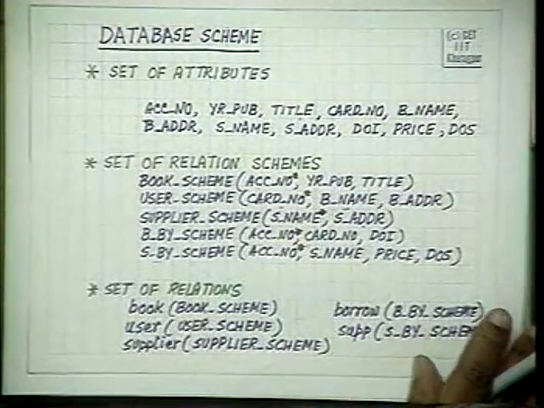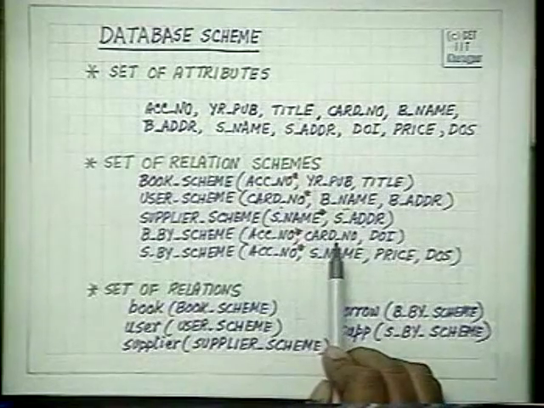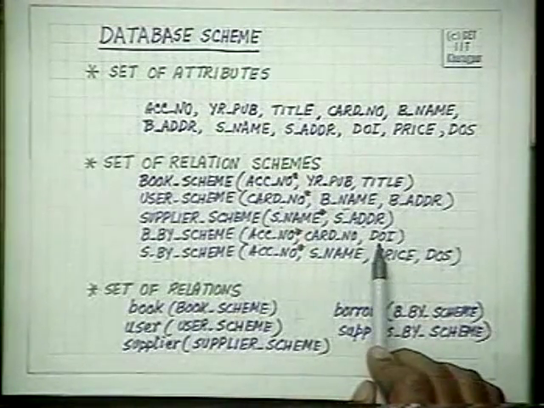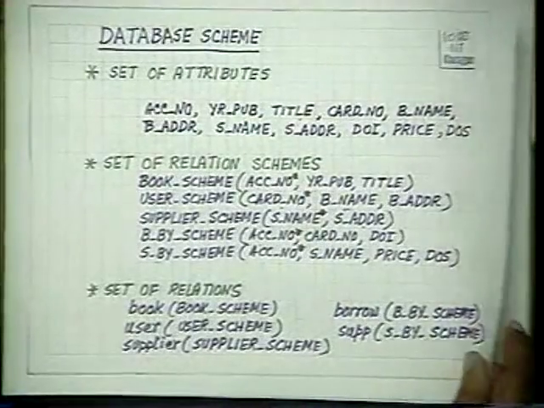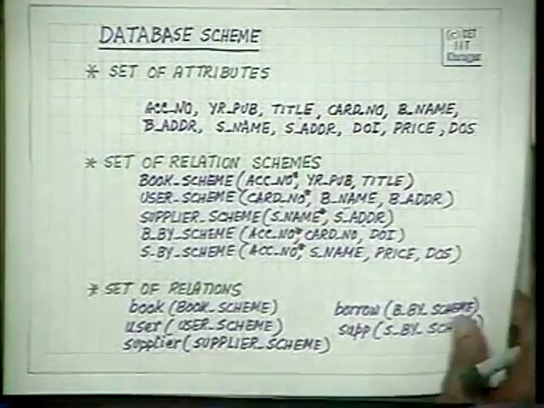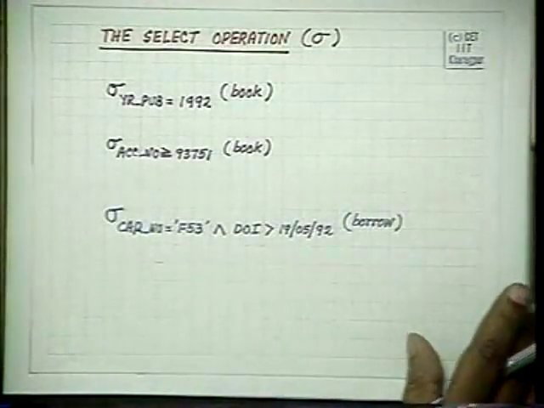Therefore, once it says select all those books whose card number is F53 and date of issue is greater than a particular date, only those tuples will be returned. So the select operation is one of the fundamental operations of relational algebra.